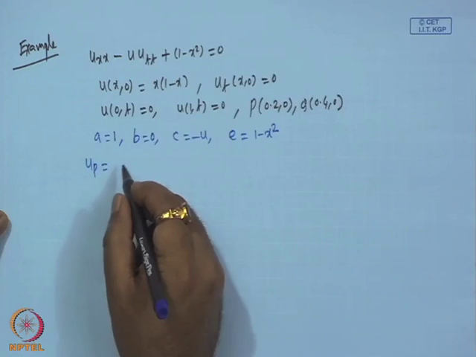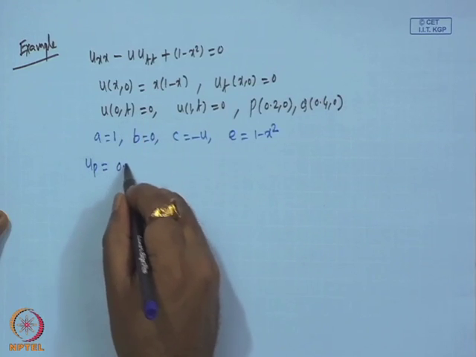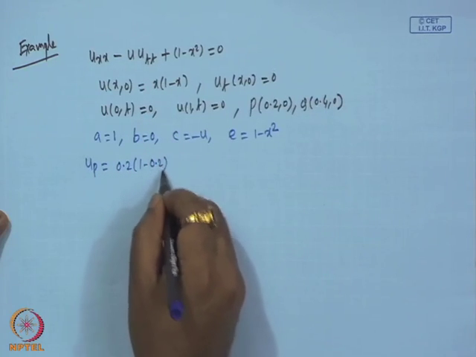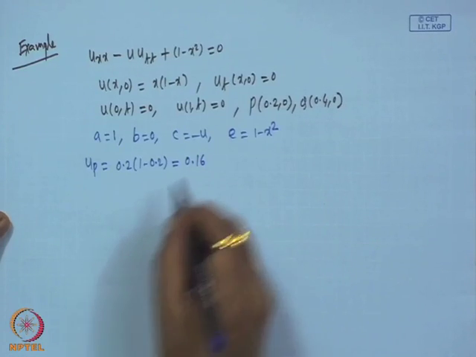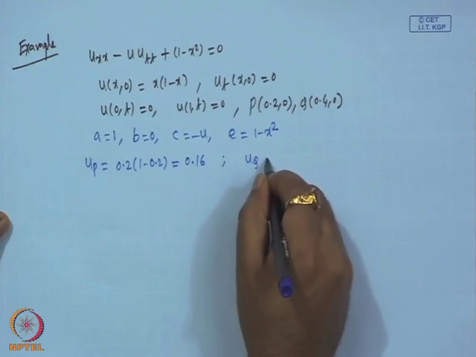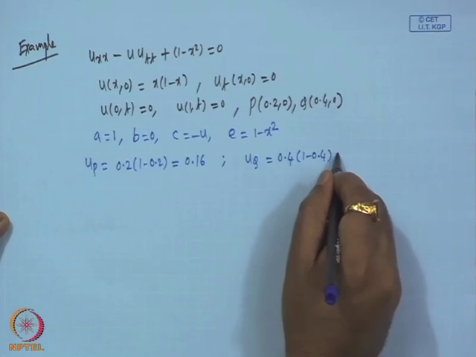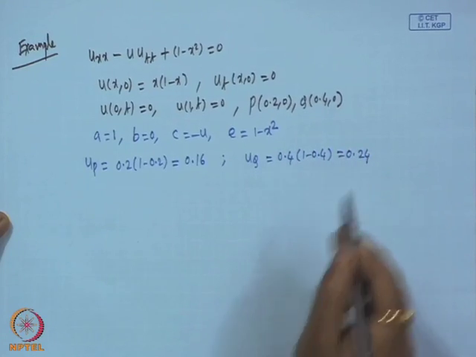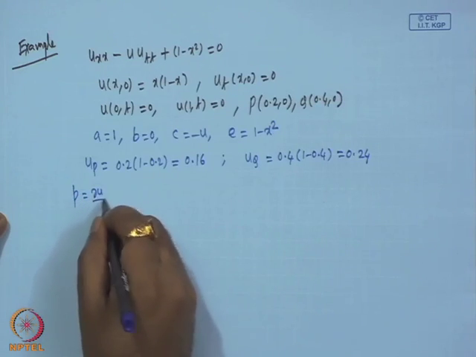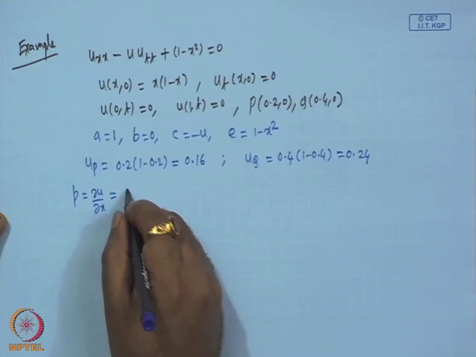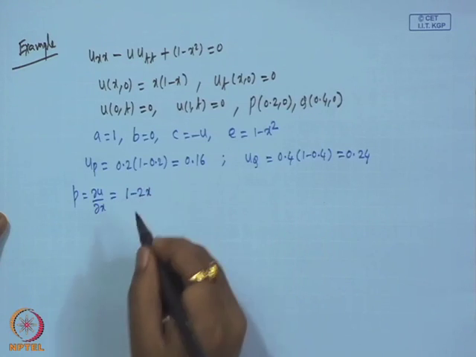Okay. Then p dou u dou x, so this would be 1 minus 2x.